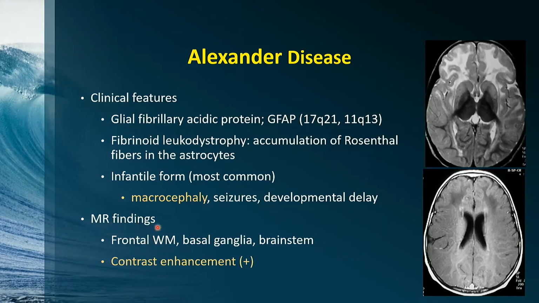The MRI shows frontal dominant white matter signal abnormality and basal ganglia abnormality, and sometimes brainstem and posterior fossa involvement. As we saw in the previous slide, contrast enhancement is the hallmark of Alexander disease.